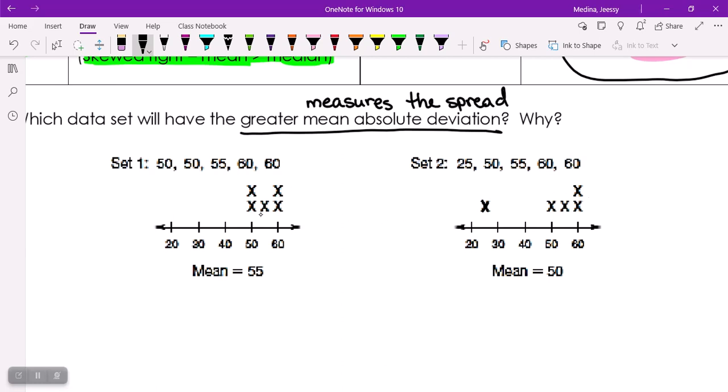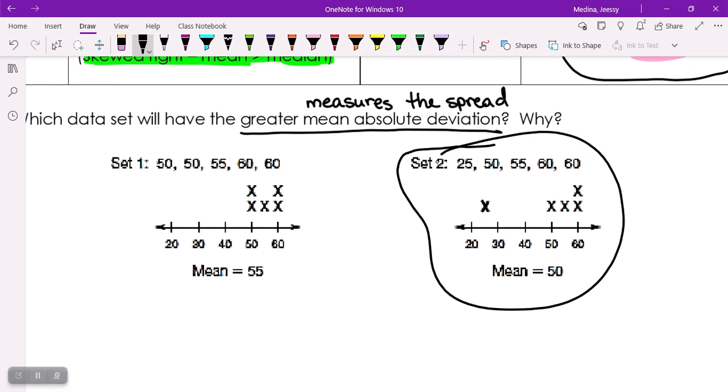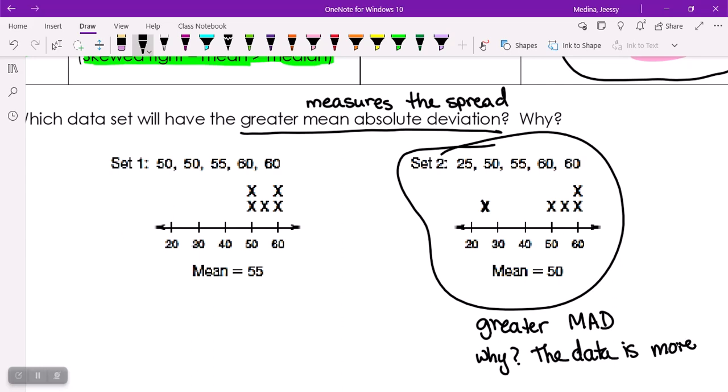And here, everybody is between 50 and 60, so they're closer together. So this one right here would have a greater MAD. Why? Because the data is more spread out.